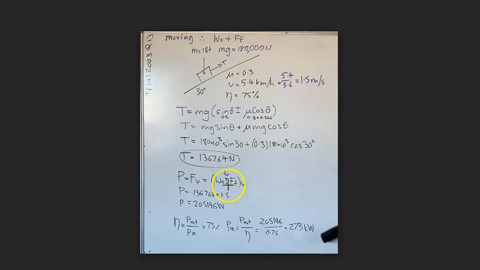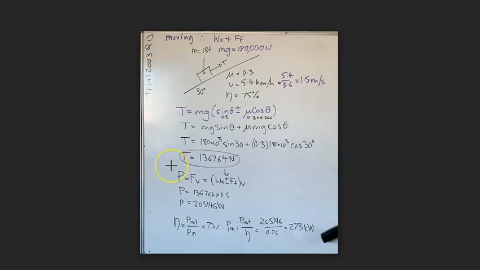This answer is the force that, when we do power, we say power equals force times velocity. In this case, the force is this tension. This tension is a tensile force. So to calculate the power, the formula for power is P equals Fv.